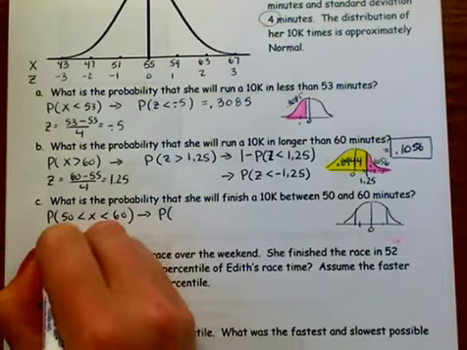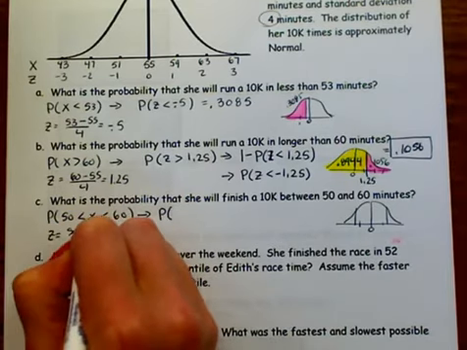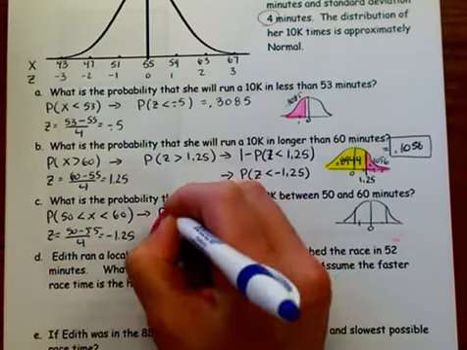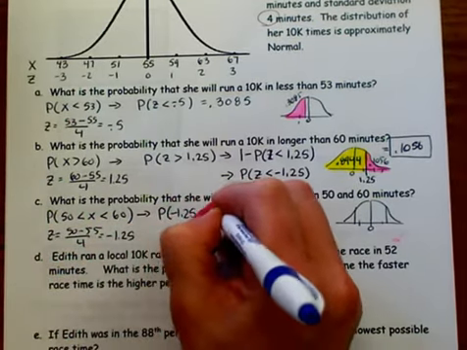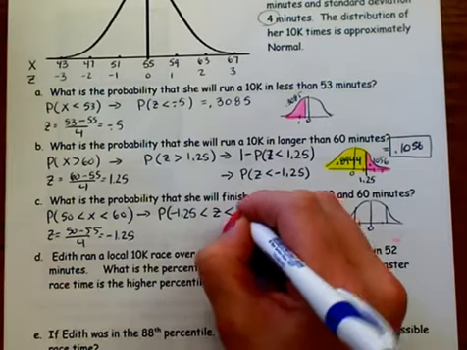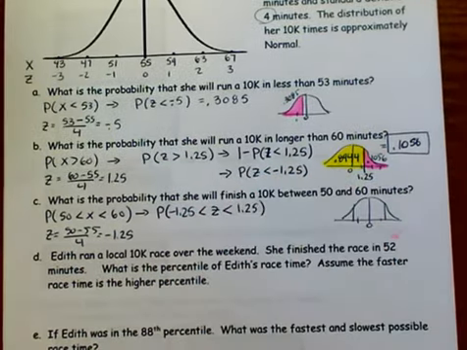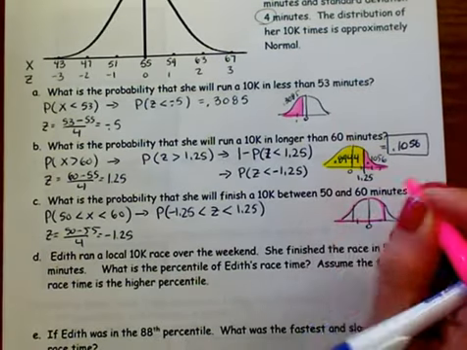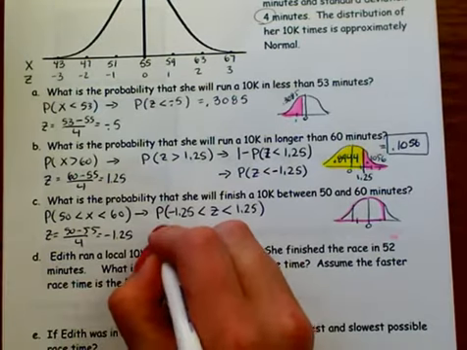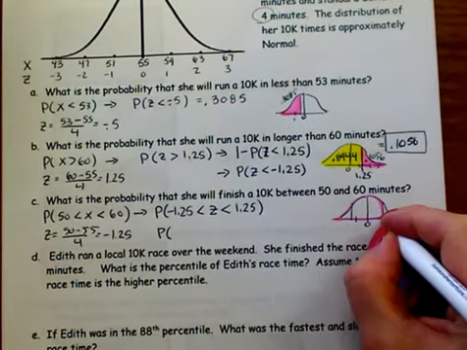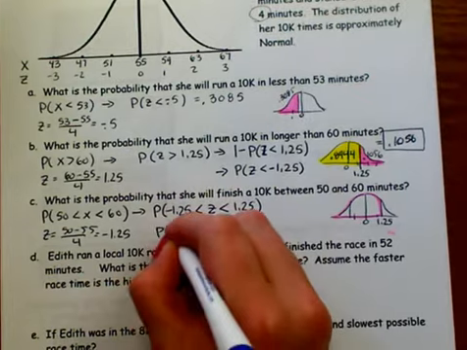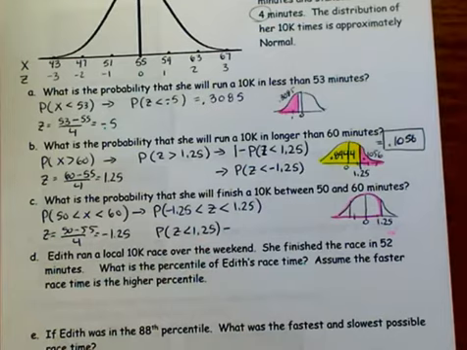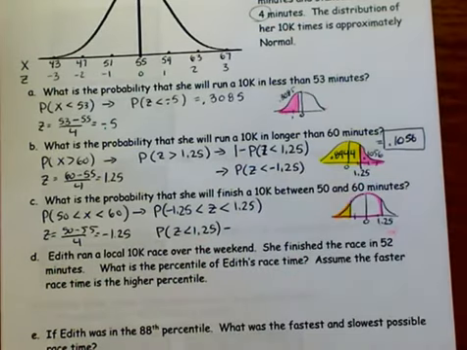So 50 is negative 1.25. Now I've already converted the 60 from above. If I remember, I can find the pink portion, which would be z less than 1.25 minus, cut out, the yellow portion.